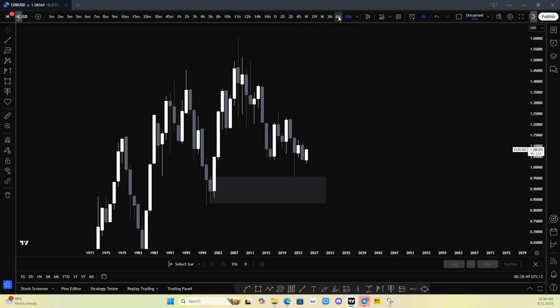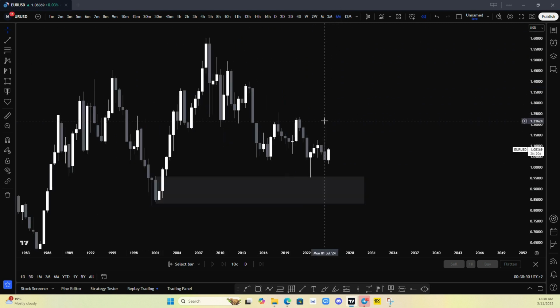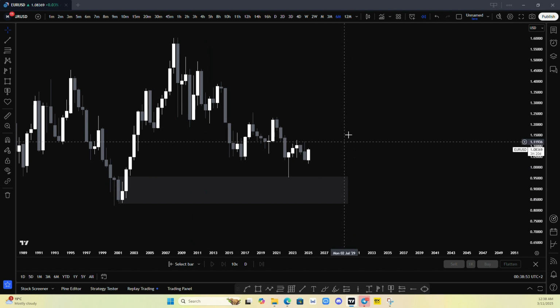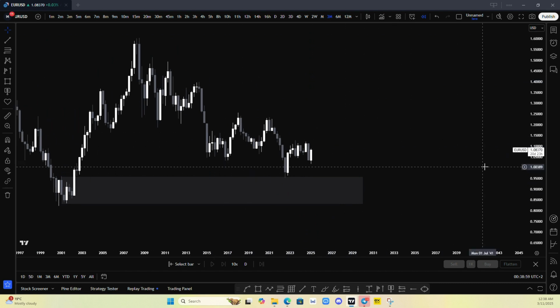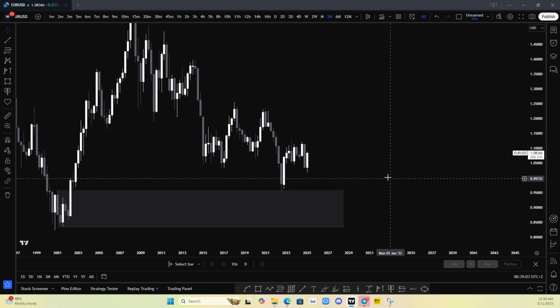Now moving to our 6-month chart, we have pretty much the same thing. The 3-month chart is pretty much the same thing, but now we are getting introduced to something else.